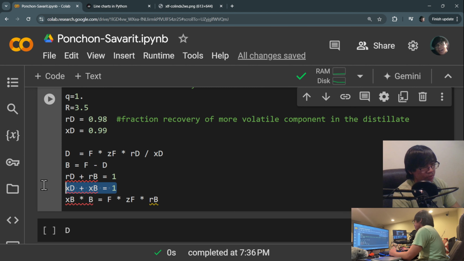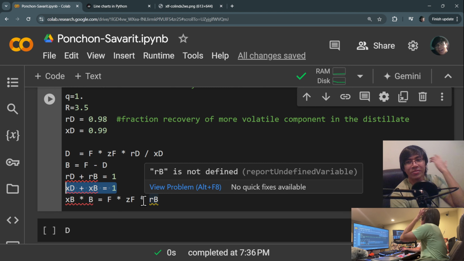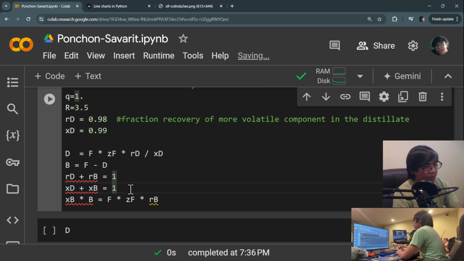But for now, let's just do it this way. I've tried it the other way and you still get the same graph, so that's all that matters. We'll define the recovery this way so that our composition isn't just a value we define, but is limited through these expressions of the recovery.